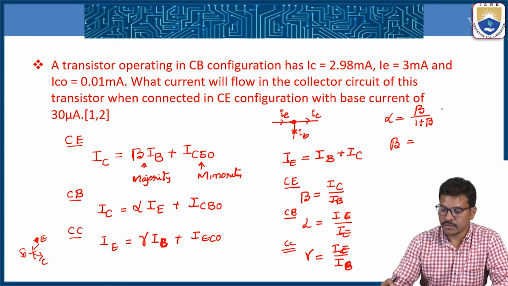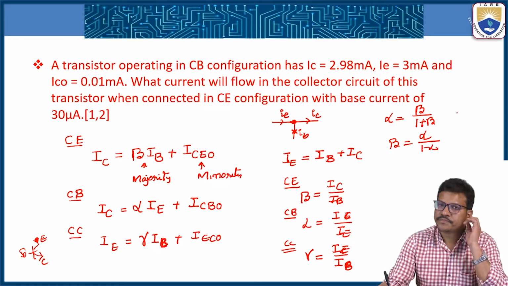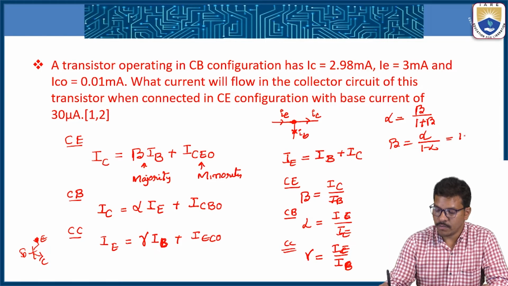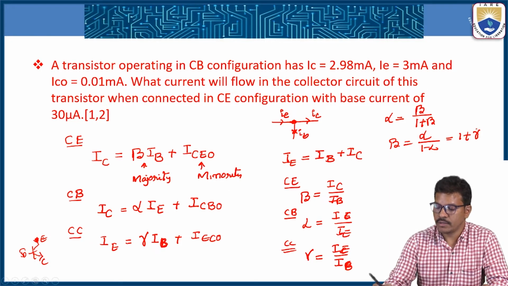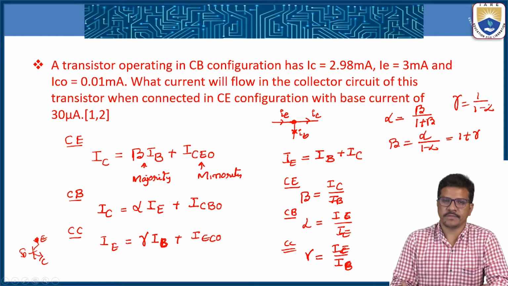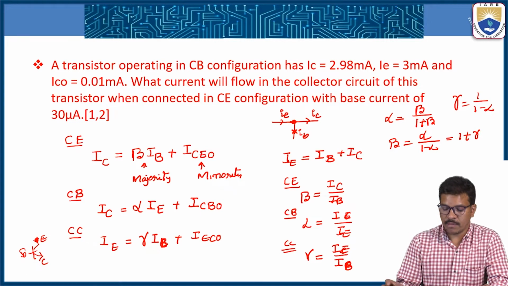Beta is equal to alpha by 1 minus alpha, and gamma is equal to 1 plus beta. Also, gamma is equal to 1 by 1 minus alpha. These are the relationships between the current gains in common base, common emitter, and common collector.